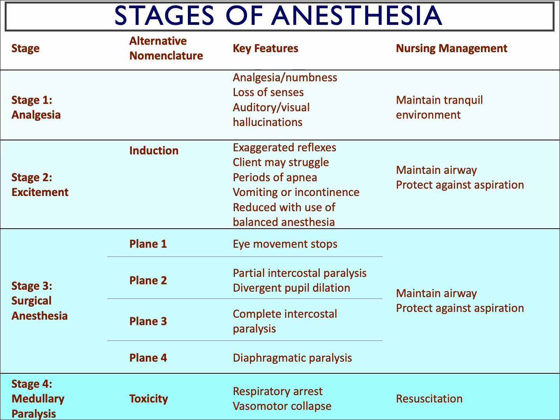And in this model of thinking, we see that there are different levels of anesthesia when somebody is slipping into anesthesia, where stage 1, the low level of anesthesia, is helping patients to recognize that there is some level of analgesia associated with some numbness, some loss of sensation, feelings. There may be some auditory and visual hallucinations in this phase.